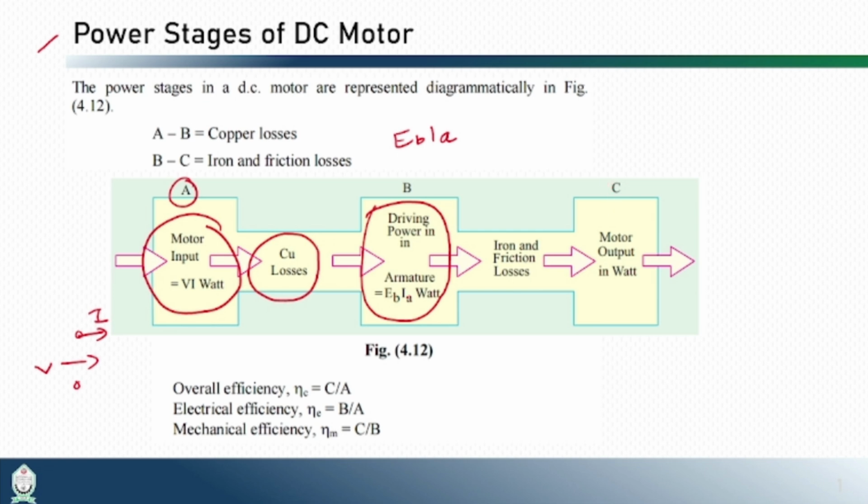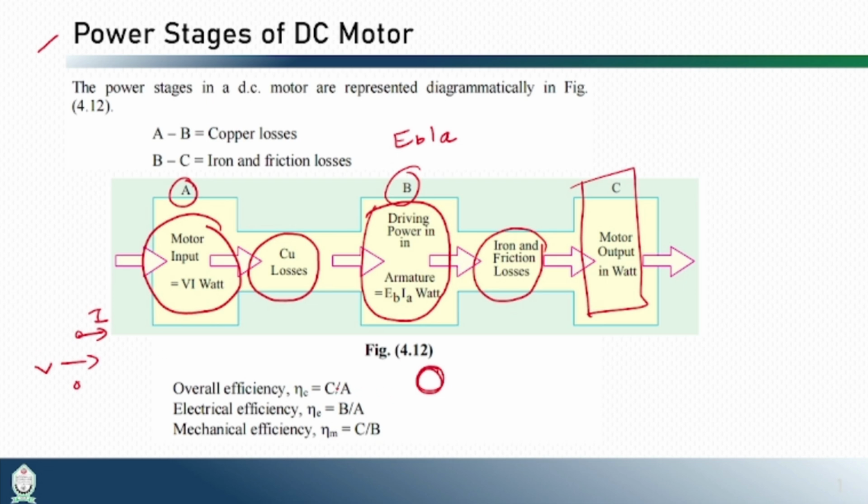At stage B, the motor starts rotating, and as the machine rotates, we have some iron and friction losses. If we discard these losses from the power available at stage B, we get the final output at stage C, that is the motor output.